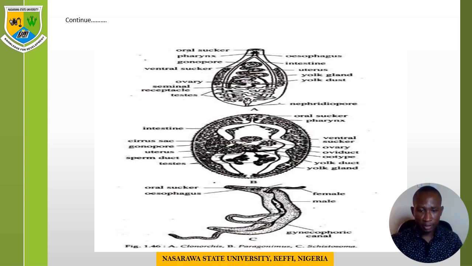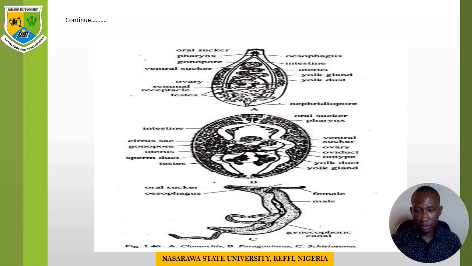Then we have another example, which is Paragonimus. It's almost like a circle, and it has oral sucker, pharynx, intestine, ventral sucker, ovary, oviduct, and a whole lot of parts which are responsible for different functions of its body.